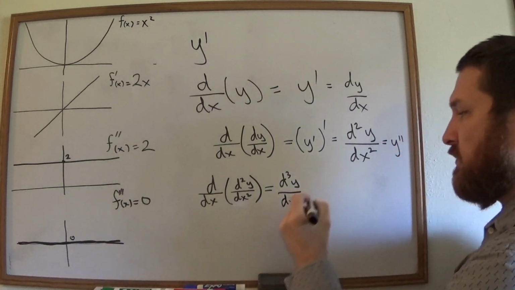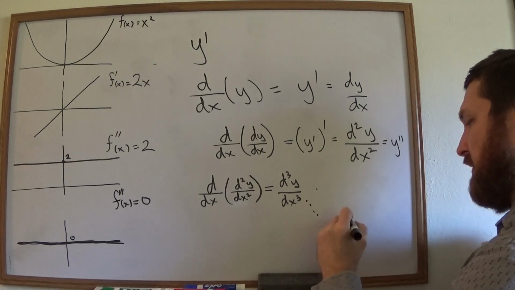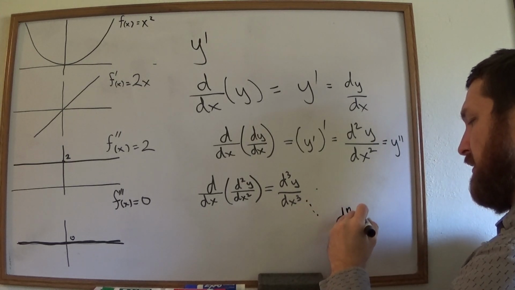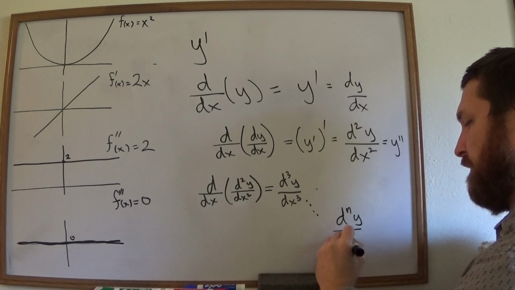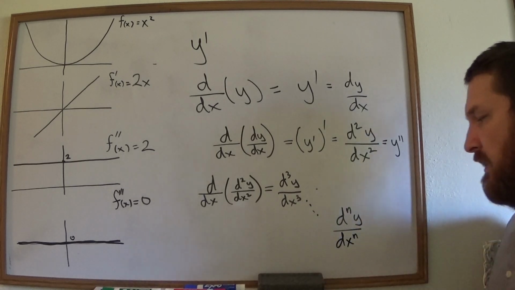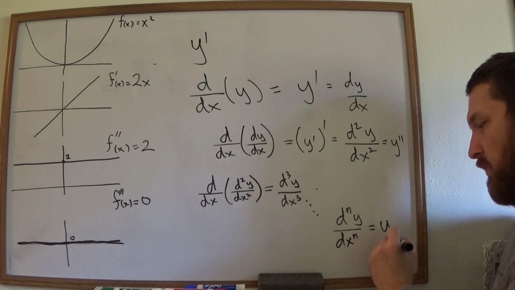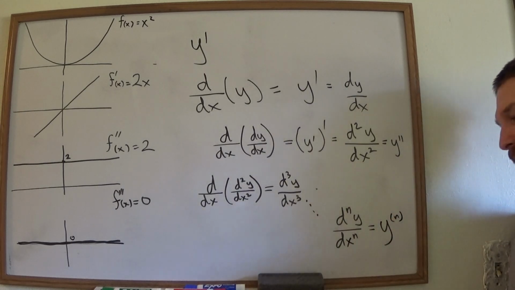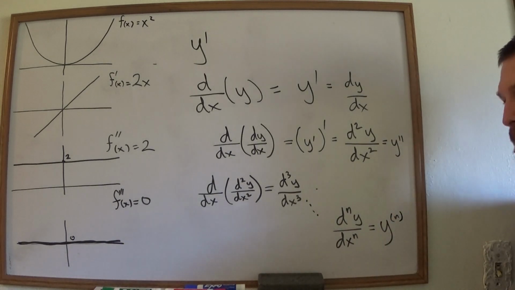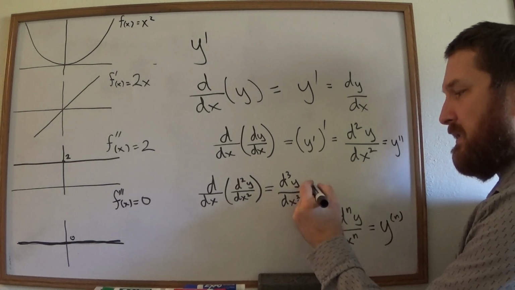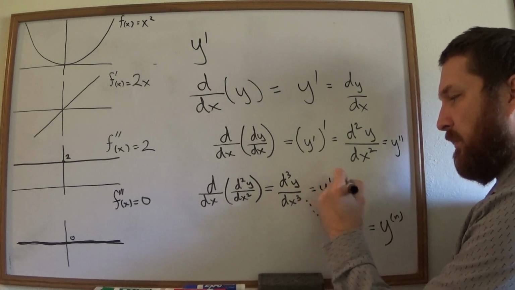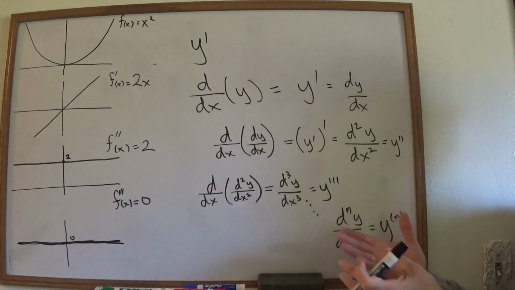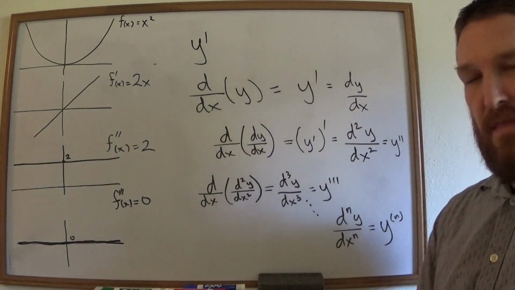And so you keep doing this, and you get the nth derivative, d to the n y dx to the n, which is the same thing as y with n little primes up there, right? And so d cubed y dx cubed is the same thing as y triple prime, and you keep going, and then you get this thing right here.